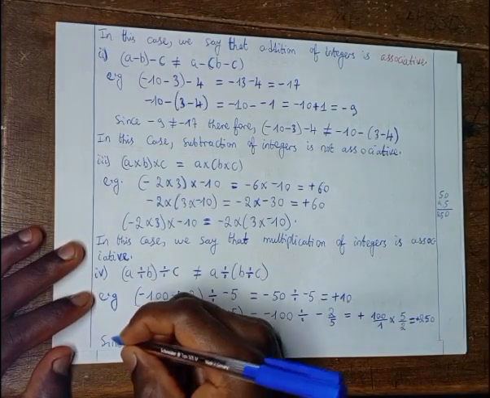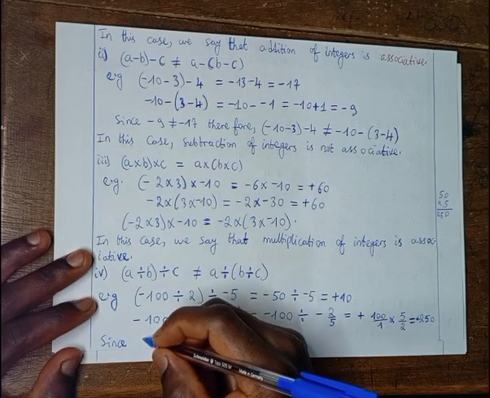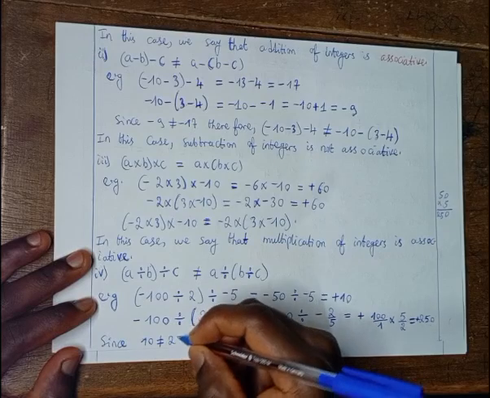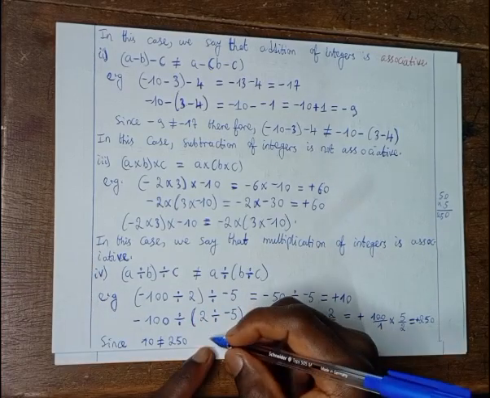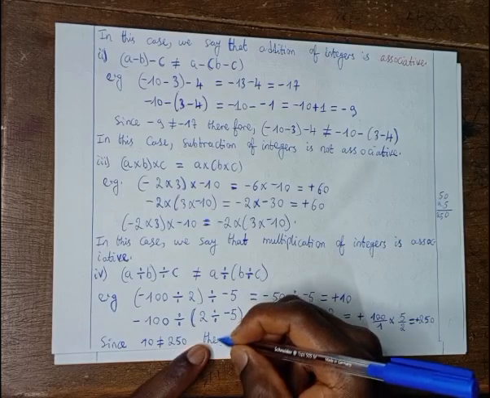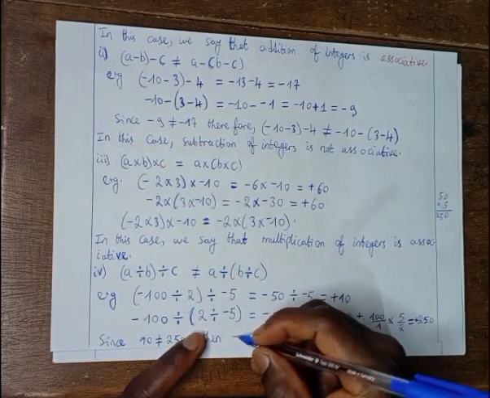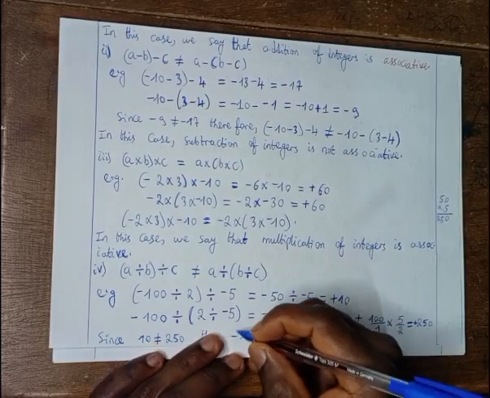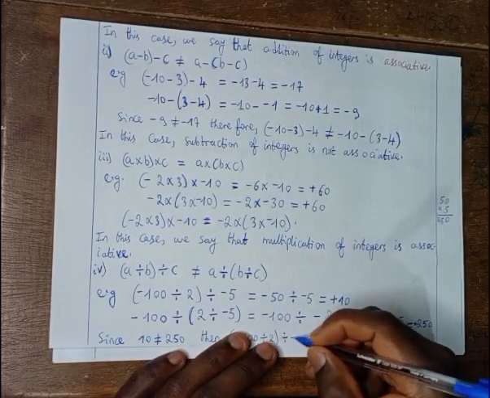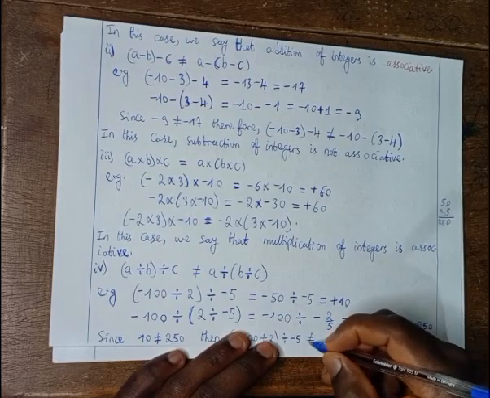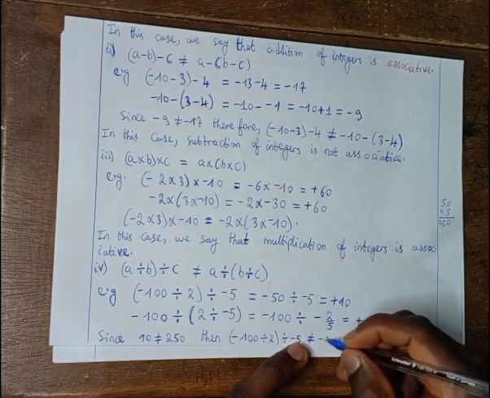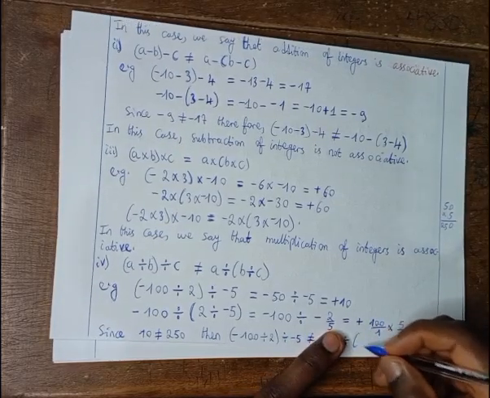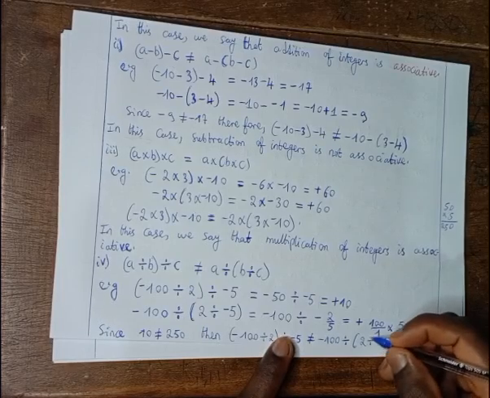Since 10 is not equal to 250, then negative 100 divided by 2 divided by negative 5 is not equal to negative 100 divided by the result you obtain when you divide 2 by negative 5.